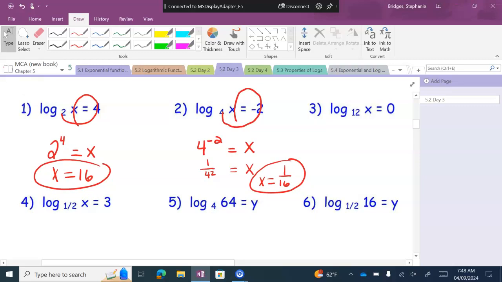Go ahead and try 3 and 4. Variable moves in 5, but go ahead and try 3 and 4.